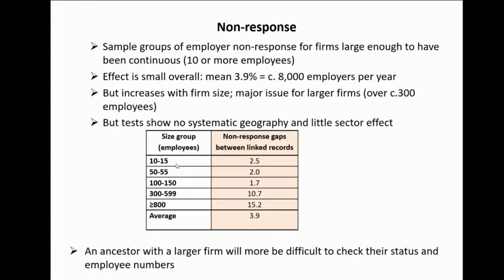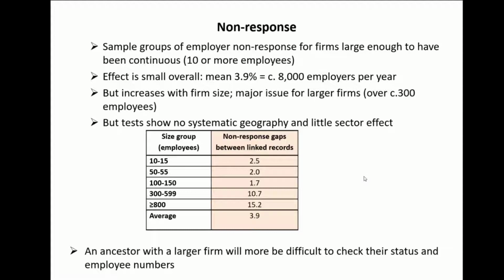You can see that there are a number of non-responses, which increases quite markedly for the largest firms. It seems to stay fairly low for small firms, up to about 150, about 2% or thereabouts, but it grows to a very significant proportion of the total, 10 or 15% for the larger firms.